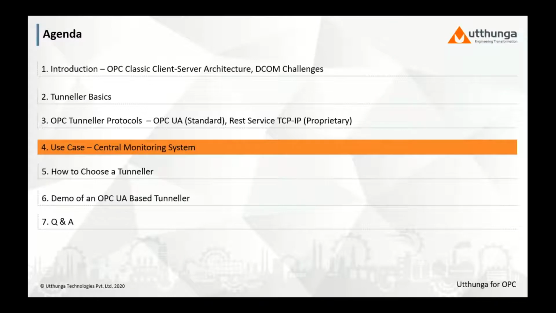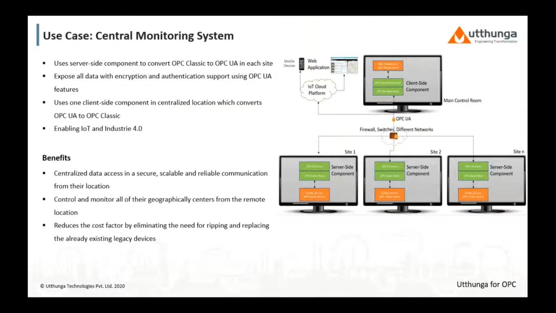So next is a use case, a central monitoring system, and we'll also be speaking on how it connects with an IoT application. So assume that you have a SCADA application installed in different sites or different networks, say site 1, site 2 till site n, and you have an HMI or any OPC client-enabled application installed in the main control room of the centralized location.